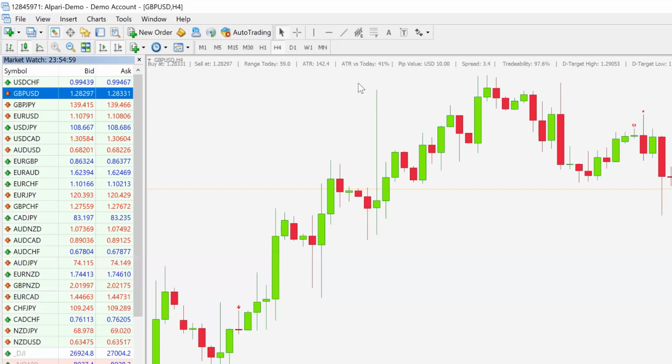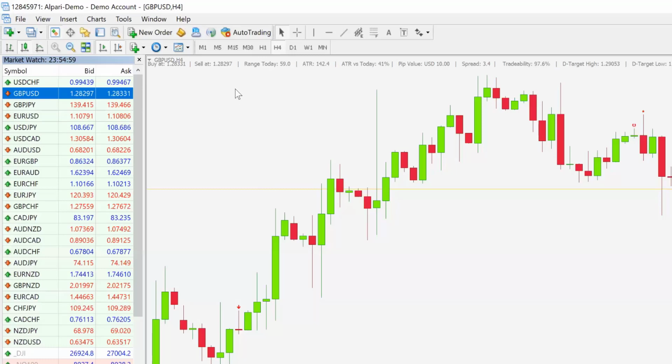So for the last 21 days, what has been the average true range of that currency pair? I'm looking at GBP USD, and it's telling me that the ATR is 142. So it means that this currency pair on average has moved 142 pips every single day from the low price to the high price.